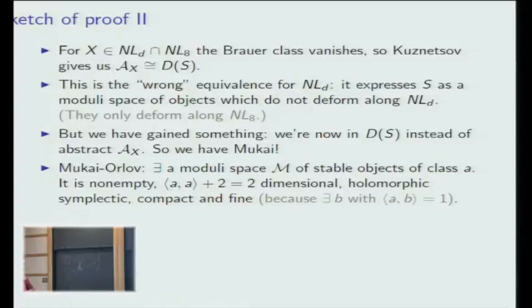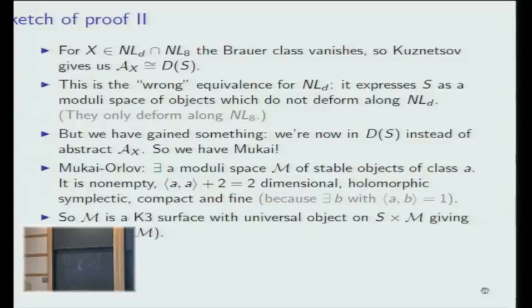So all this work of Mukai and later Orlov on K3 surfaces shows you that in this case, where you're really geometric, you can form a moduli space of stable objects of class A. And under mild conditions, there'll be a moduli space of vector bundles, in fact. Okay, and it's got dimension 2, it's holomorphic symplectic, it's compact, and it's a fine moduli space because of the existence of this class B. So you really get a K3 surface and a universal object.